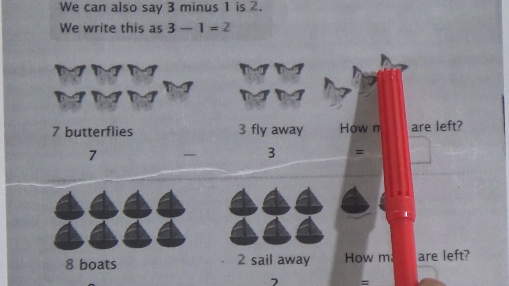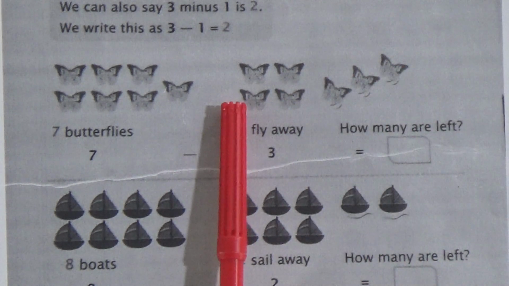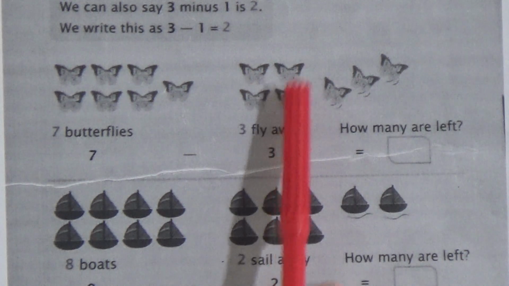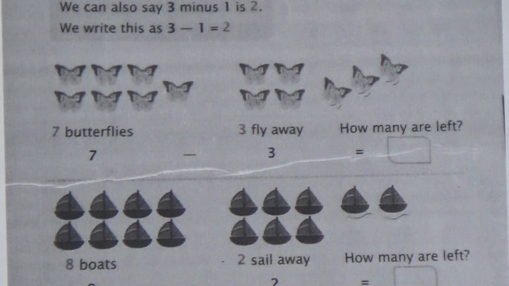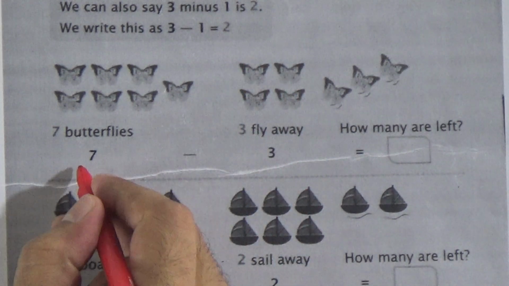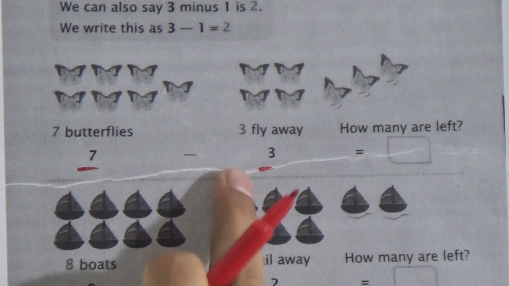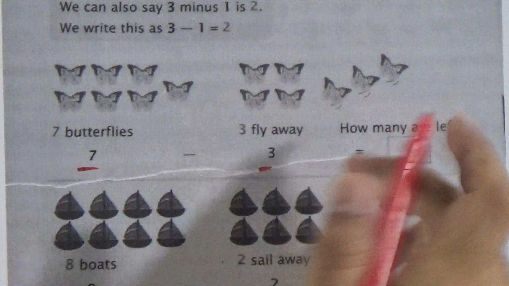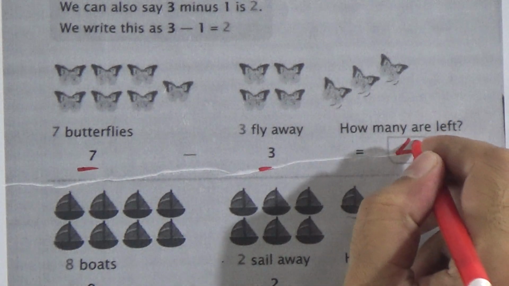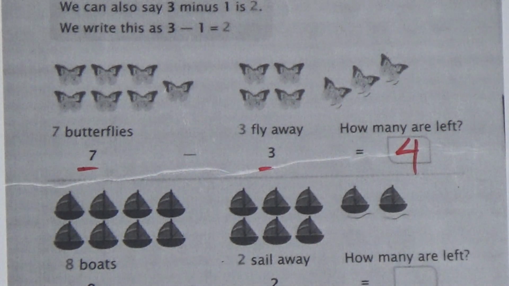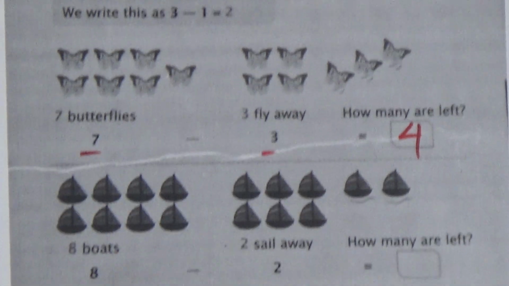So if 3 fly away, now how many remain? 1, 2, 3, 4. So we can say if we subtract 3 from 7, it means 7 minus 3. Here is 4 left, so we can write here 4.